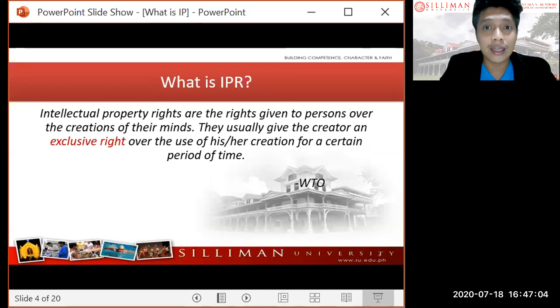So this is the intellectual property. They usually give the creator an exclusive right over the use of her creation for a certain period. To put it in simpler terms, IPRs are your rights to do whatever you want with your work and prevent other people from exploiting it.